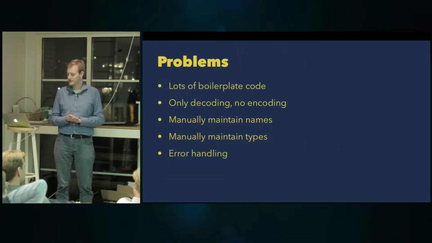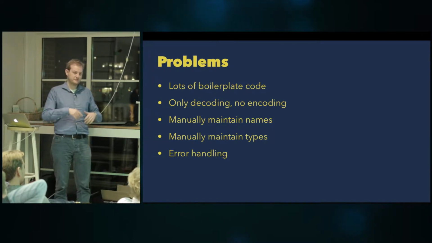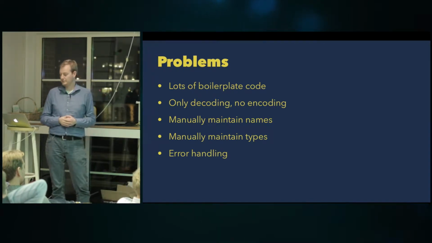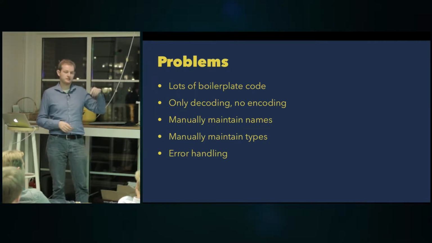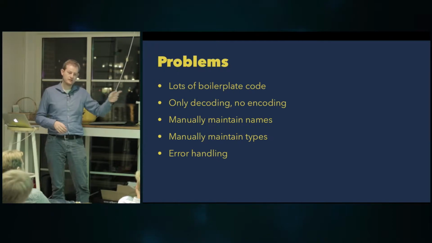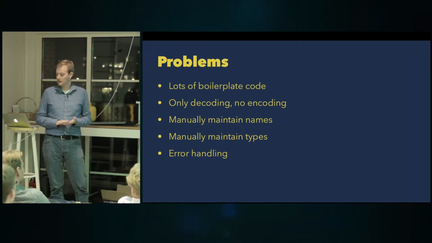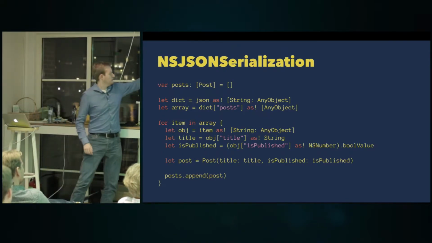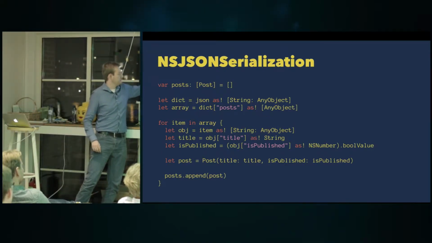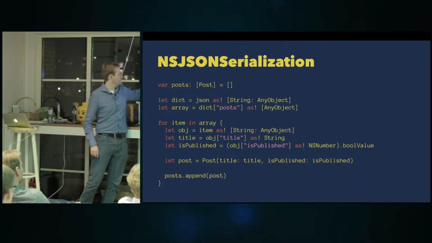These are the problems. One, there's a lot of boilerplate code which you have to type, and you have to type it each time for each type. This only handles the decoding of the JSON. I sometimes want to post back JSON to the server, so I have to write a bunch more code to post it back. I have to manually maintain names. So all these bits here are names which I have to maintain and have to match with these names and these names.